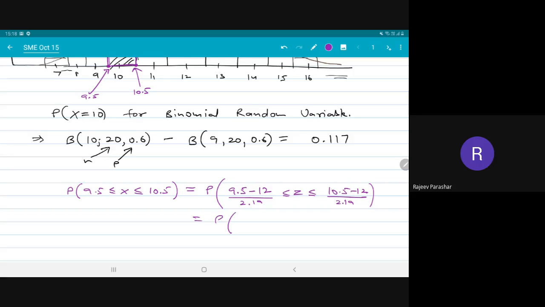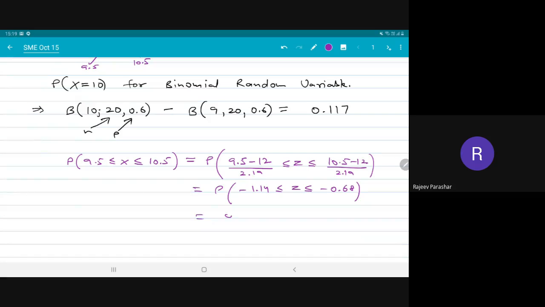These values are minus 1.14 less than or equal to z less than or equal to minus 0.68. Please look at the cumulative normal table and give me these values.